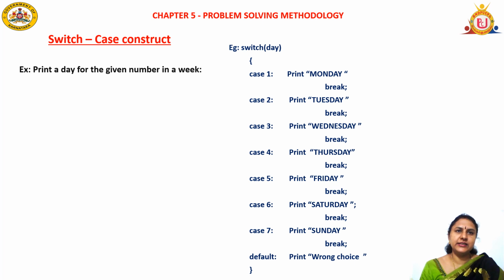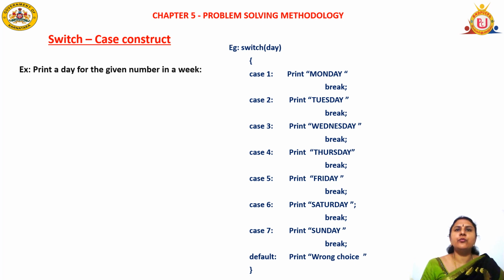Now let us discuss a switch case construct programming example, that is, print a day for the given number in a week. Example, switch day. If it is case 1, print Monday and break. Case 2 means print Tuesday and break. Suppose I execute the program and enter 1.